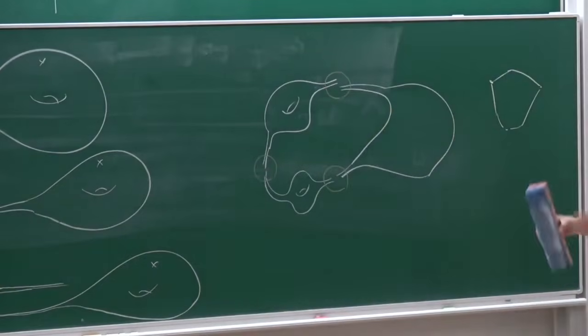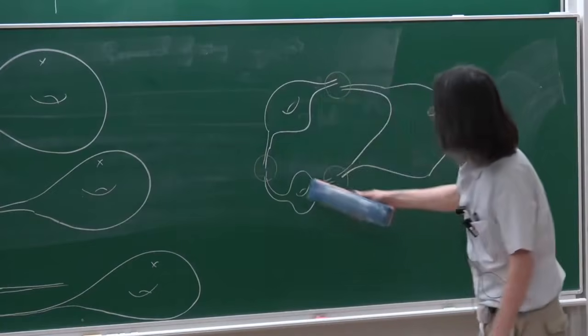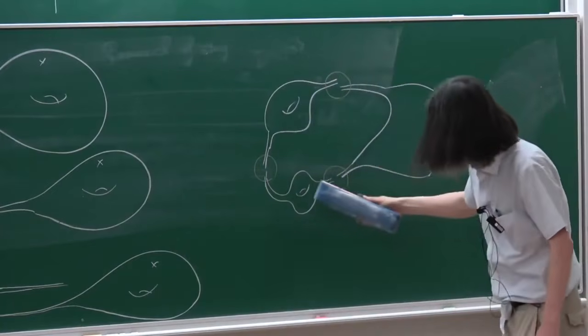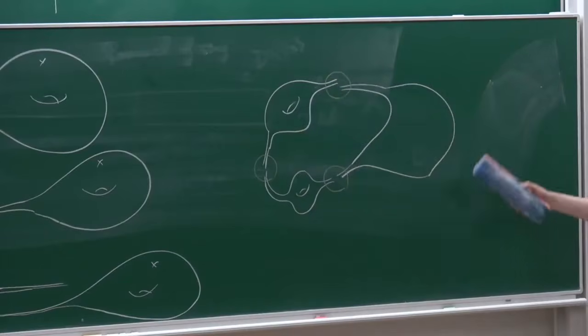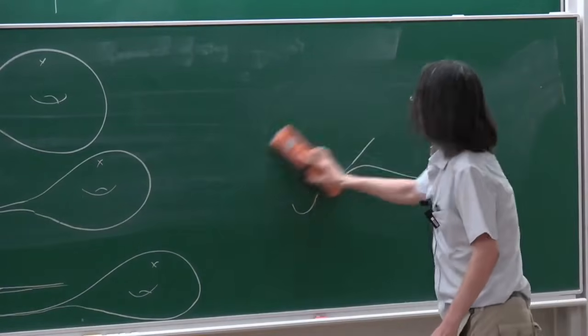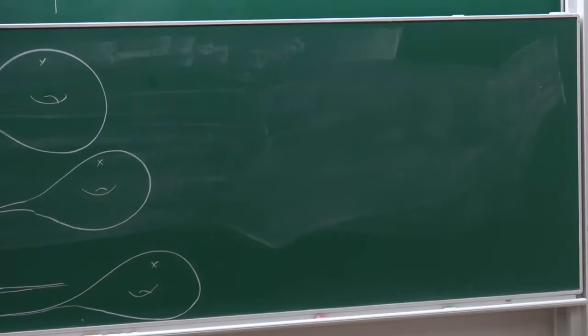So the genus is controlled by the genus of each component, and also the first Betti number of the dual graph. So therefore you can see what kind of limit you can get. Yes, they are actually these stable curves.